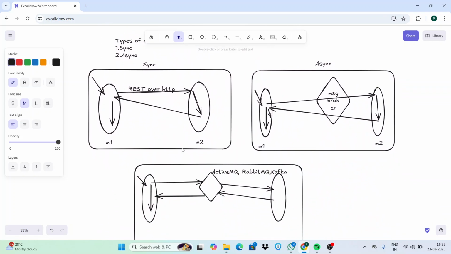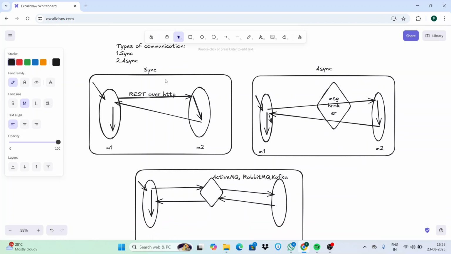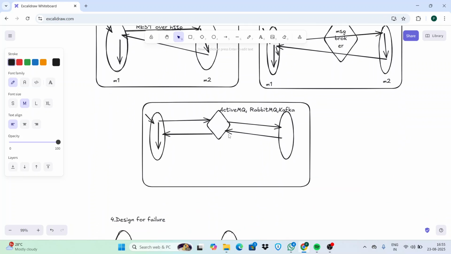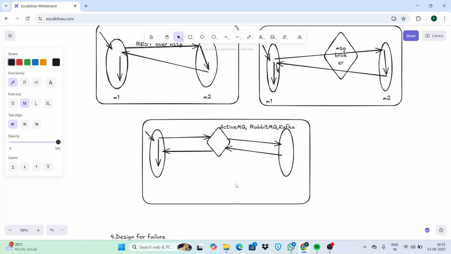Then we saw the communication types, synchronous and asynchronous. In Spring Boot, synchronous communication happens through REST over HTTP, and for asynchronous communication there are message queues like ActiveMQ, RabbitMQ, Kafka. We can also call it a message broker, through which the communication happens.